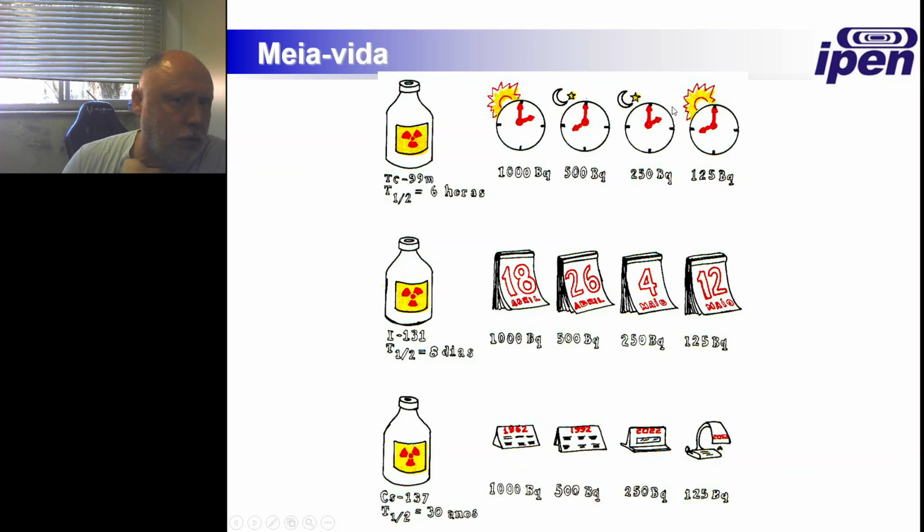Then you have 250, and then when day comes again you have 125 becquerels, so half, 1/4, 1/8.